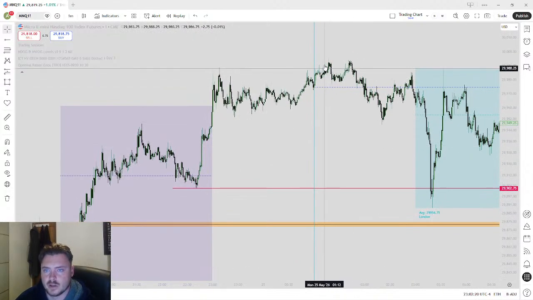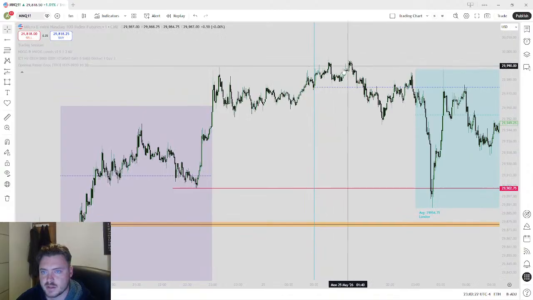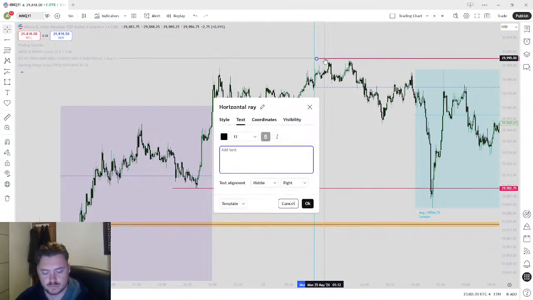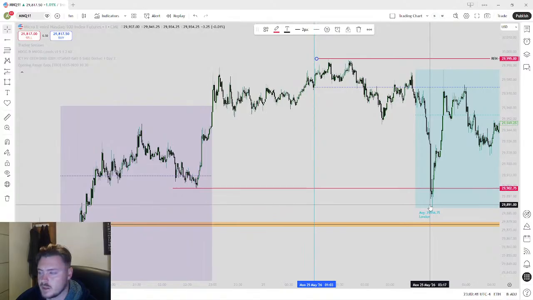And again, I like these highs to be taken at some point as well, because they're relatively equal highs. So I'd probably document that for future reference. Relative equal highs, just put REH. They could be used later in the day during New York.